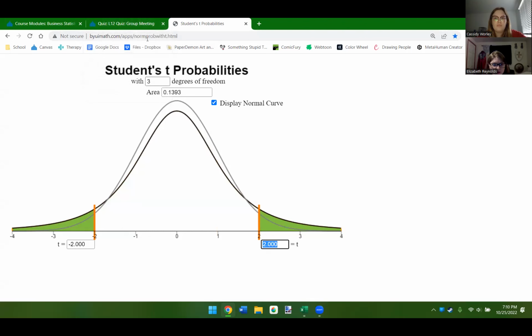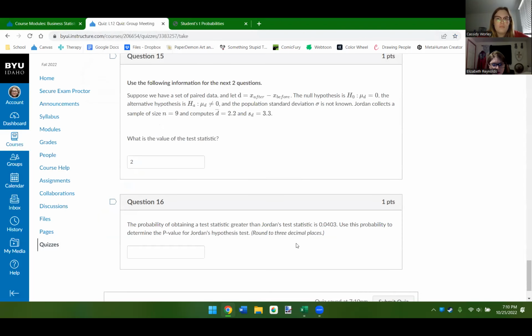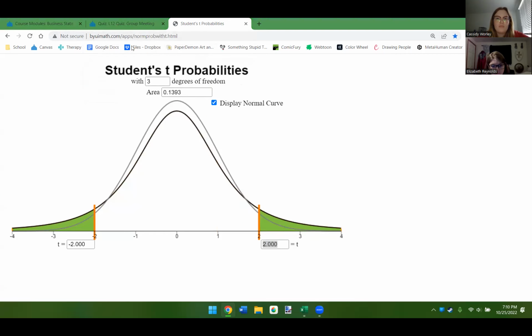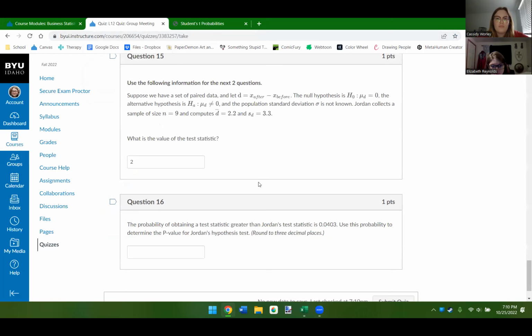And also, I was under the impression that they wanted us to use this as our starting point, but that would go into the box where we would get the p-value. Does this have to do anything with 1 minus 0.0403?